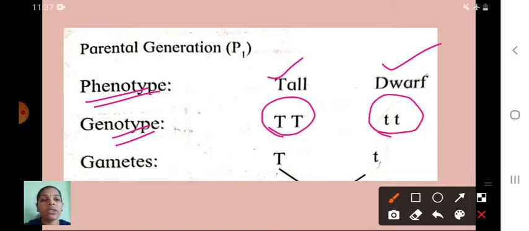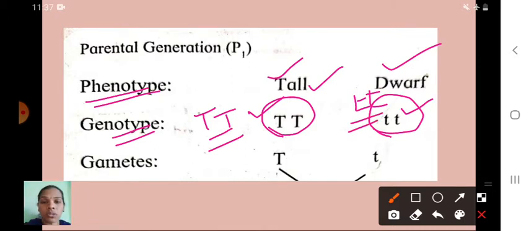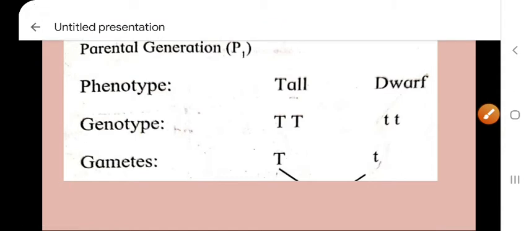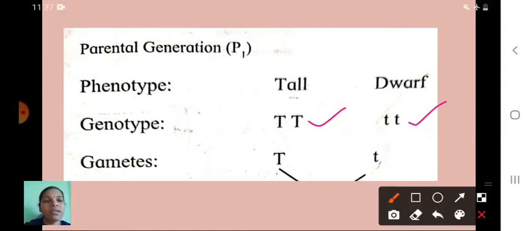Here tall is the capital letter T. The dominant character is shown by a capital letter and the recessive character is shown by a small letter. That's why, see here children, TT and tt.